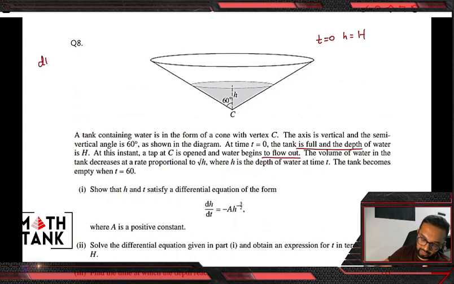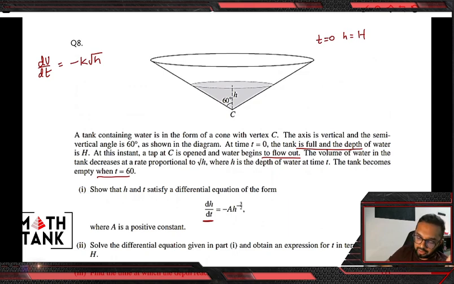So what is flowing out? dV over dt is proportional to root h, minus k root h. The tank becomes empty when t equals 60. Again, I have to find dh over dt, which means that I will have to somehow come up with the chain rule. Now, the difference with this question is there's no formula given for the volume, so you will have to come up with a formula yourself.